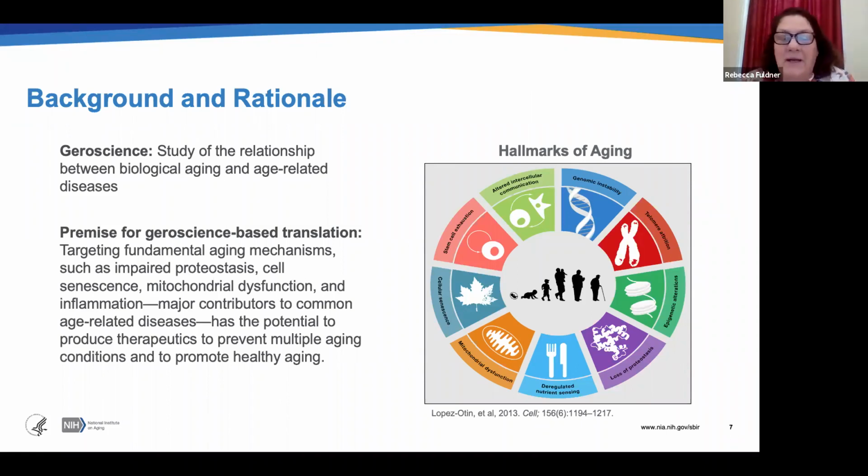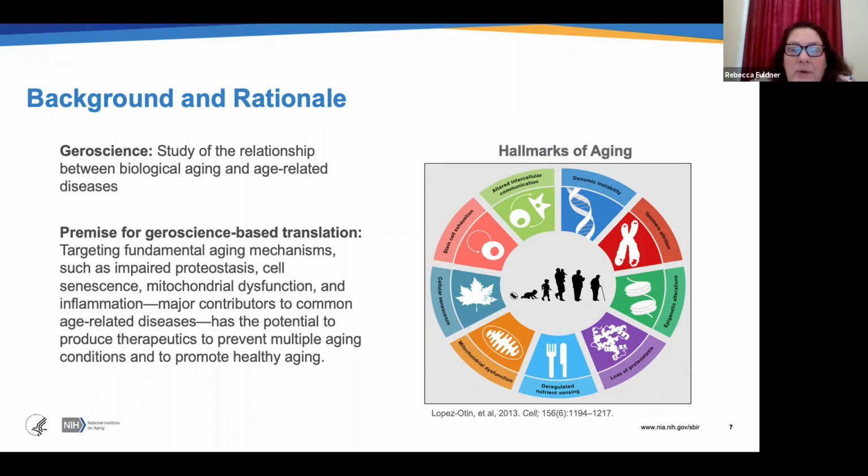On the right of this slide, I have one of the representations of the different hallmarks of aging that's been available in the literature now. This one has been available for almost 7 years, and it indicates the different mechanisms and processes of aging that can contribute to the development and progression of age-related diseases.